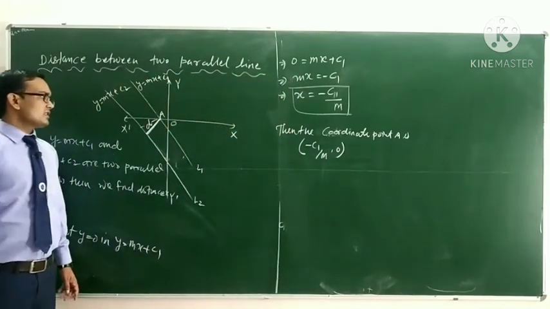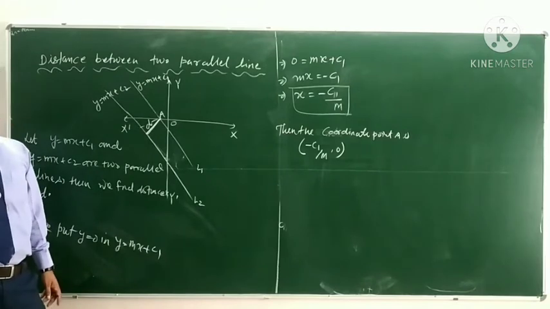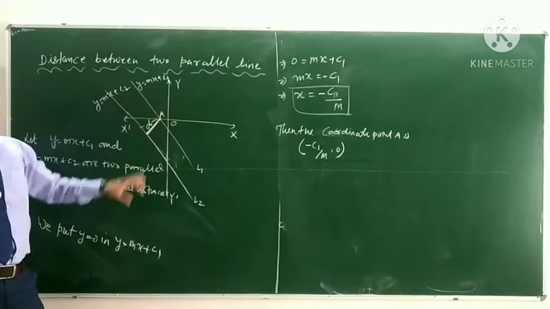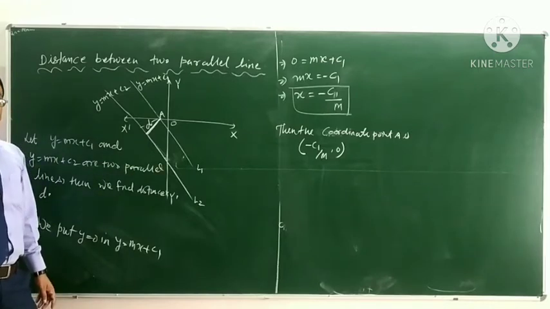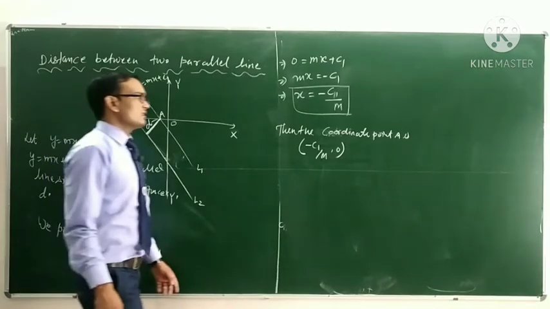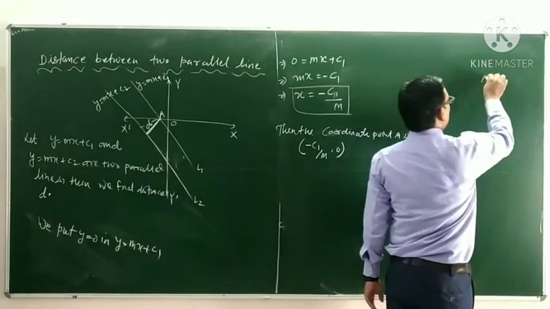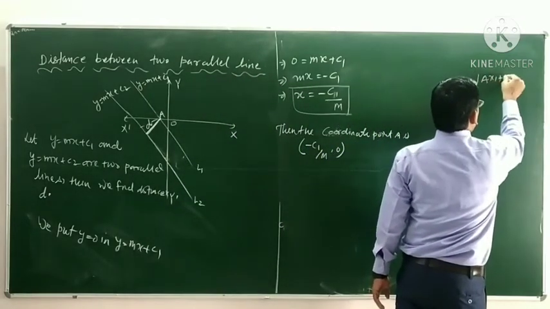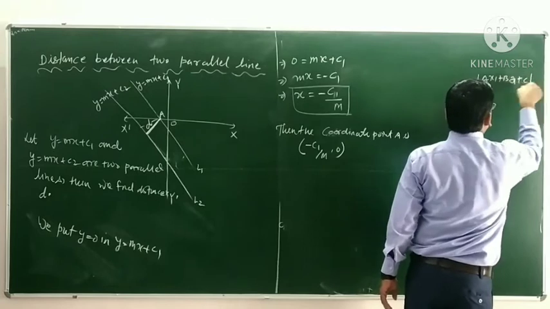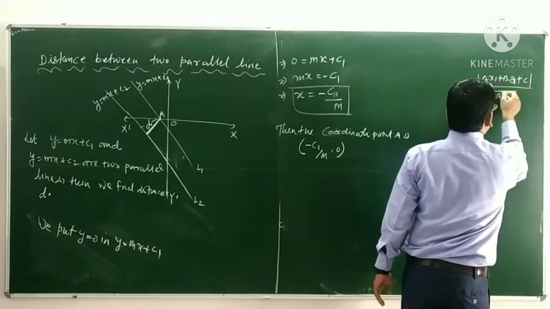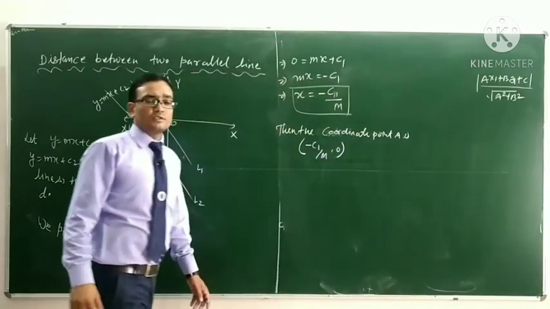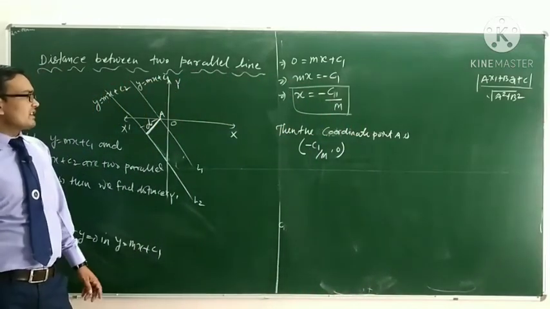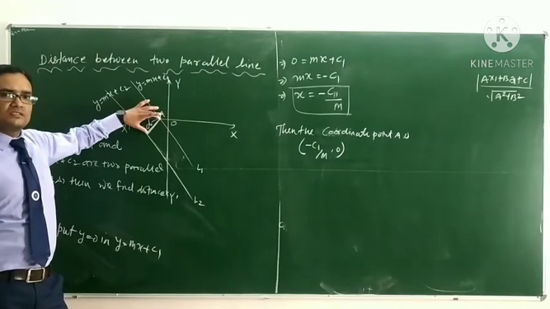Okay students, we find the distance of point A from the line L2 using the formula: mod of ax1 plus by1 plus c upon square root a square plus b square. Using this formula we find the value of d.